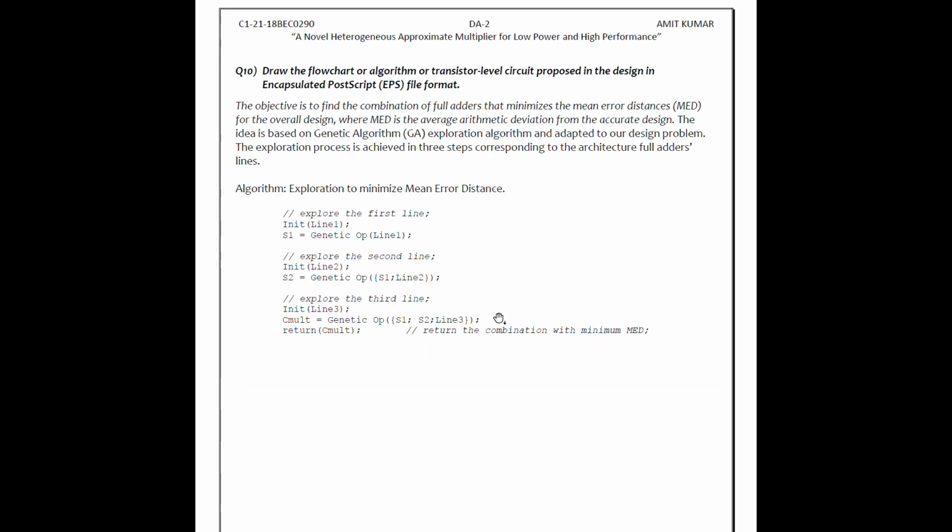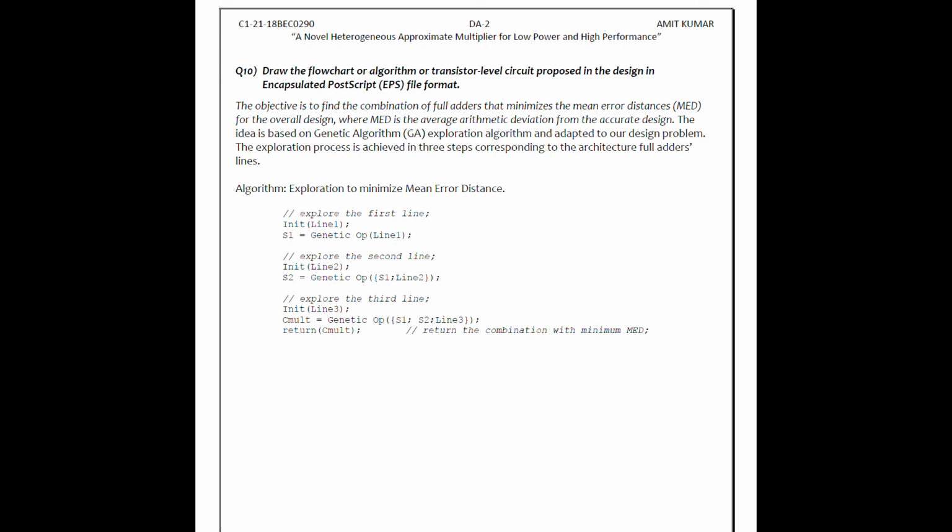Again, in question 10, we were told to draw the flowchart or the algorithm or the transistor level of the proposed design. So I have listed here the algorithm of the multiplier that was proposed.